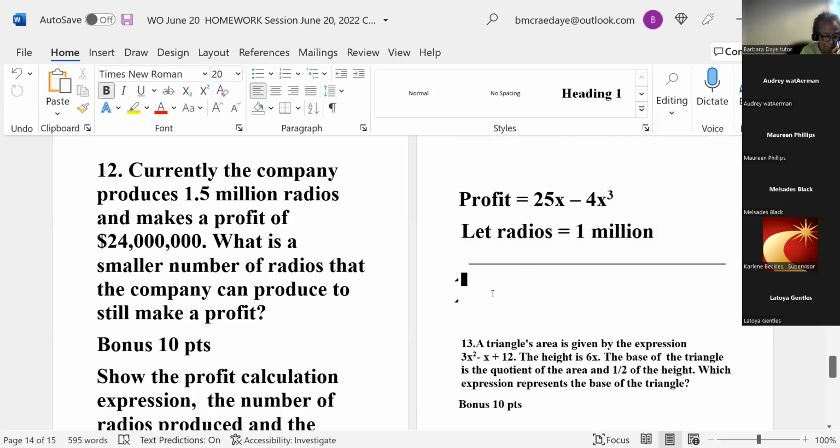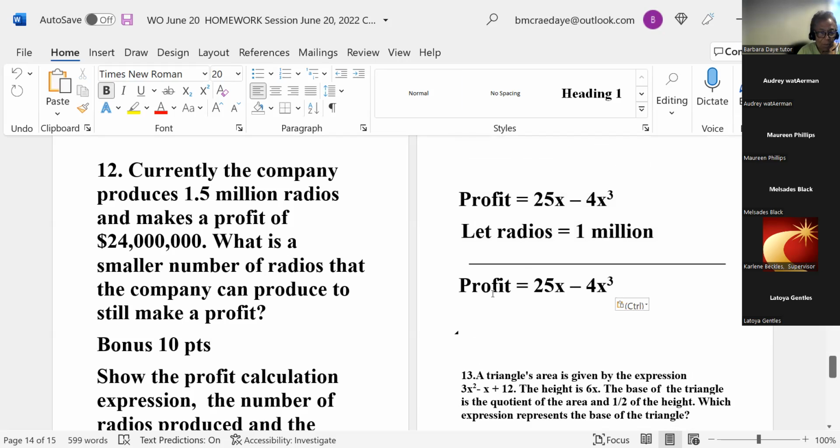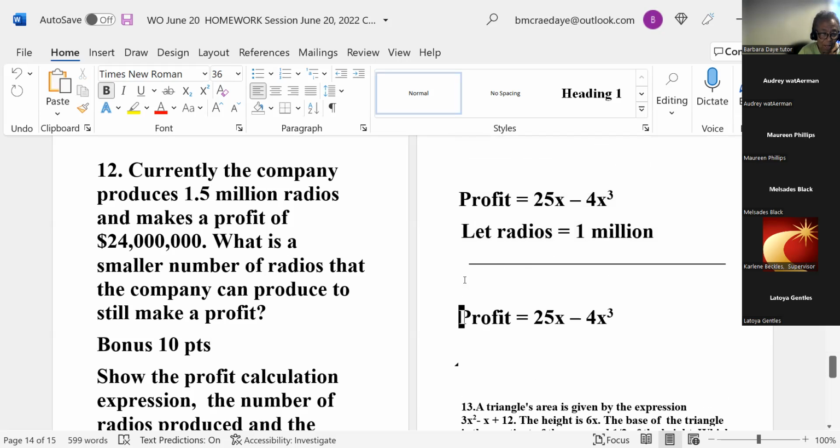Anybody do that? No, substitute 1 million for the x. Wherever you see an x, put a 1. So I remove x from 25 and put 1? No, you don't remove the 25. You just substitute 1 for the x.